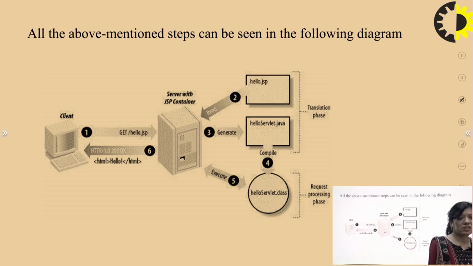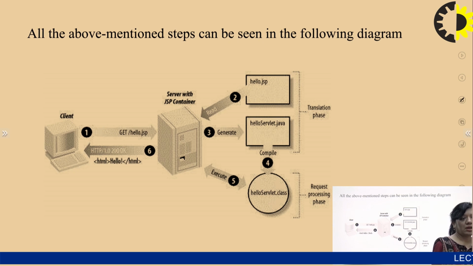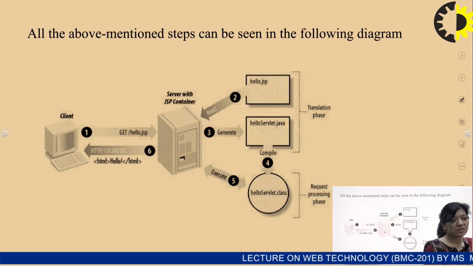This phase is known as the translation phase. The fourth step is that we compile the web page and it is converted into a class, which is known as the request processing phase. After that, we execute it, and after execution it goes back into the JSP container, and then the JSP container converts it into a JSP page and it goes back to the client.